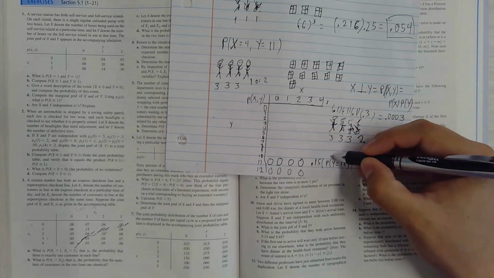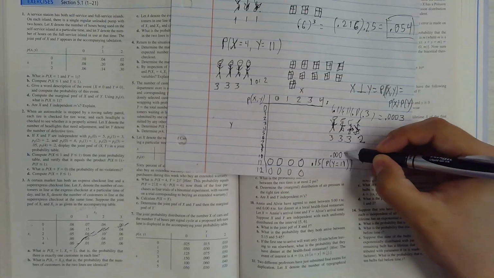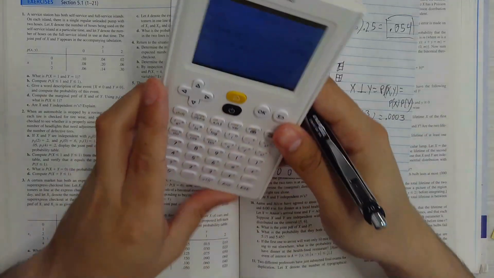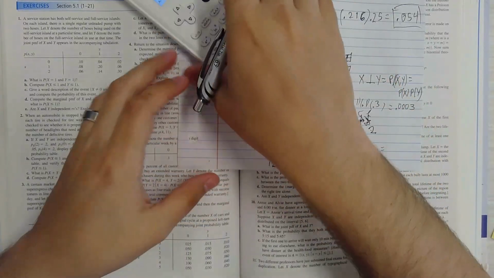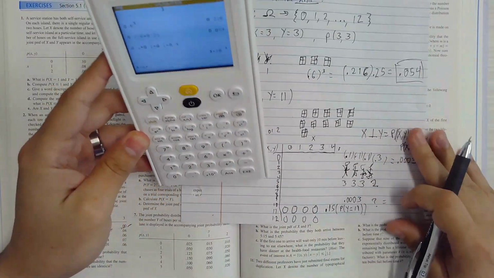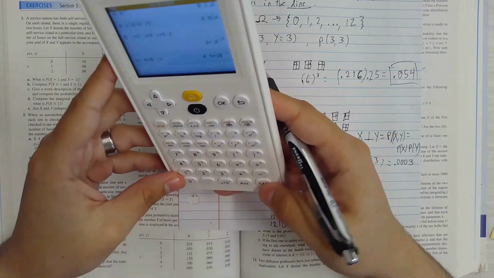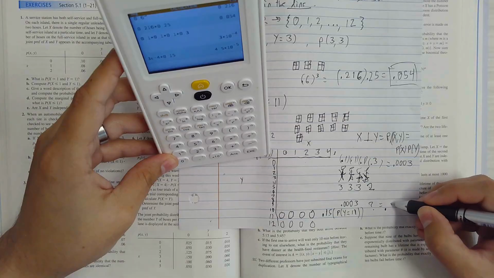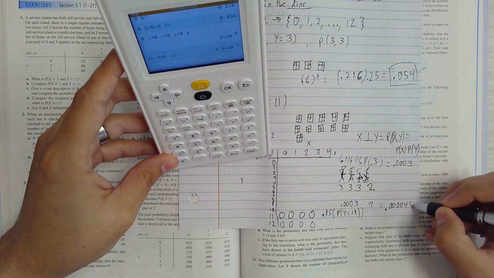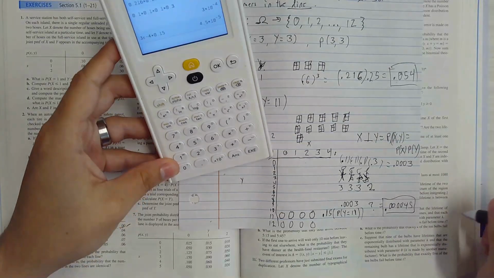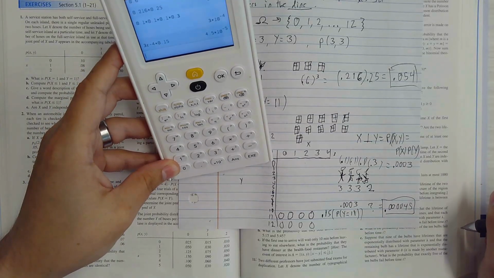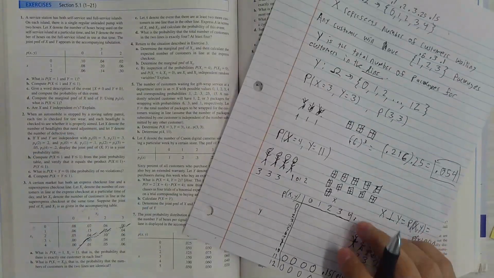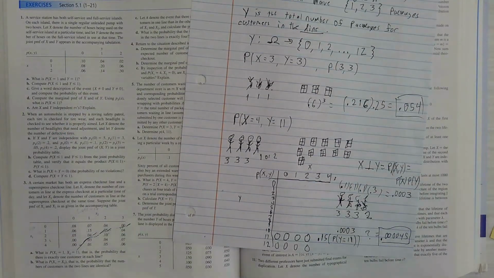So it must be 0.0003, right? Okay. 1, 2, 3. Is that it? Okay, I really hope so. I'm not sure.